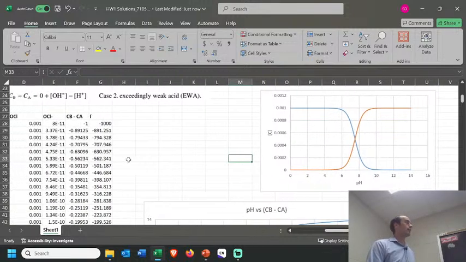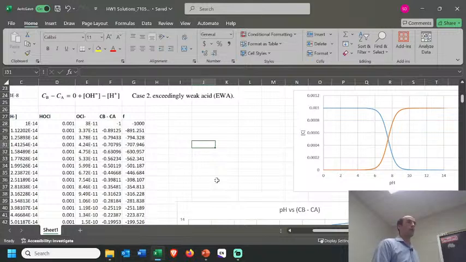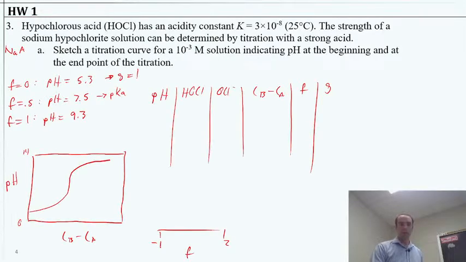I think the safest thing to do, and what I'm going to do when I revise this, is not even make the assumption. But this should be an extremely weak acid because it does hang on to the proton for a long time. So I think this one is okay to use here. Okay, I'm going to move on a little quickly. So I think that's about all I needed to say there.